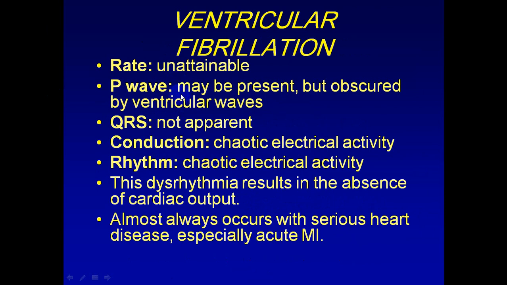There is no P wave, the QRS complex is bizarre, abnormal, wide, even not present. Conduction is chaotic; the rhythm is chaotic electrical activity. This dysrhythmia results in the absence of cardiac output, pulse rate, and blood pressure. It almost always occurs with serious heart disease, especially MI, and the patient is in physiological death unless urgently resuscitated.